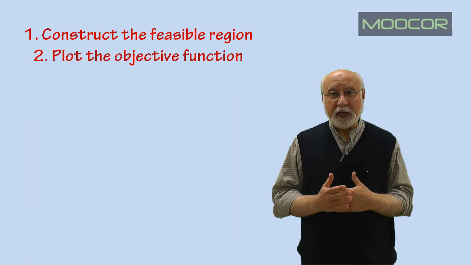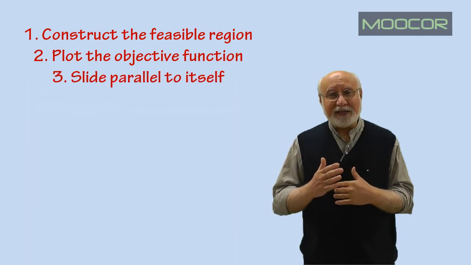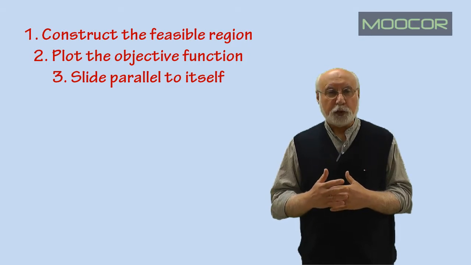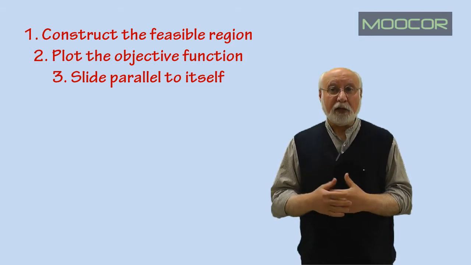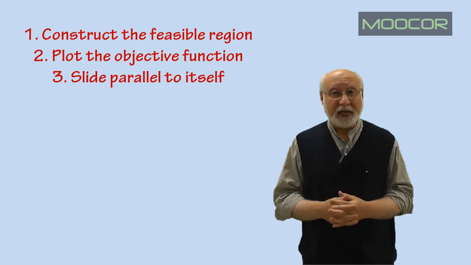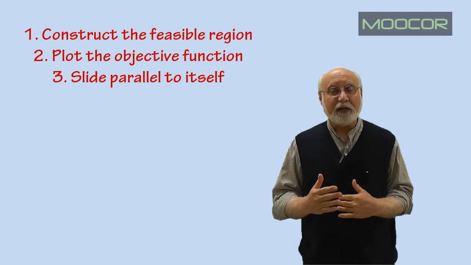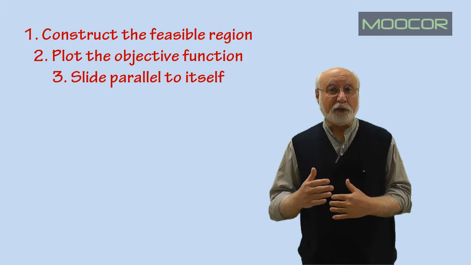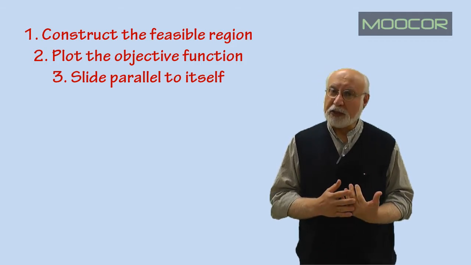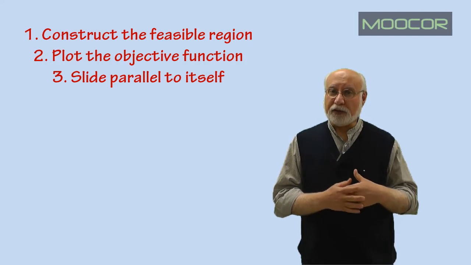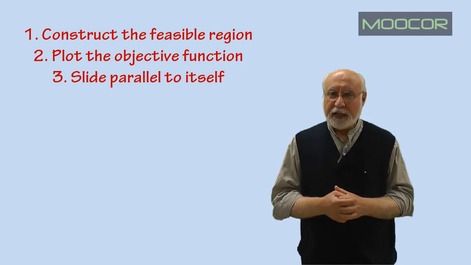In the third step, we will slide this objective function line parallel to itself toward the direction that objective function is asking us. If objective function is a maximization problem, we will slide the line toward the direction of increase. If it is minimization line, we would slide it toward the direction of decrease.